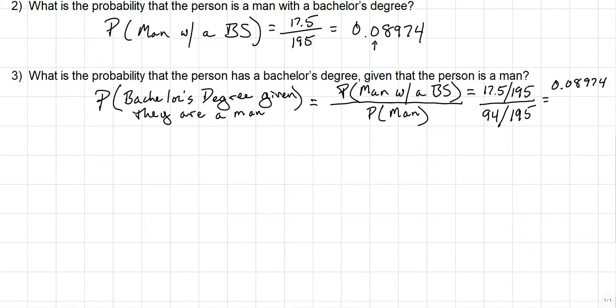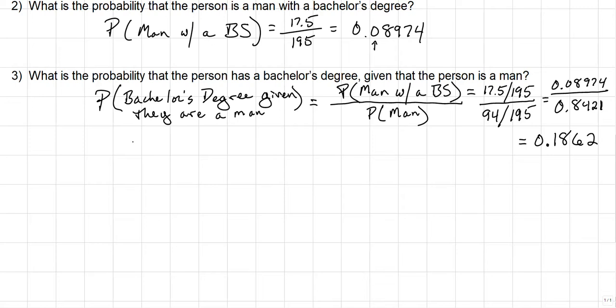Or I can use the existing probabilities that I have, and this will be 0.08974 over 0.4821, which when I divide this out will give me a probability of 0.1862. So that's our probability that the person has a bachelor's degree, given that the person is a man.